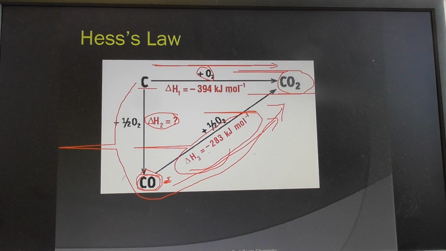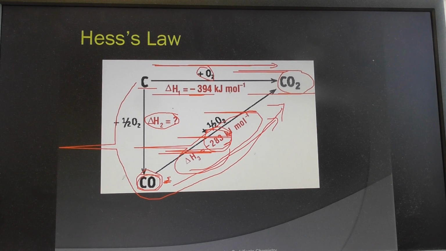So if you already have minus 283 given out, what would you need to add or subtract to that to get minus 394? Because you know both routes will be the same.